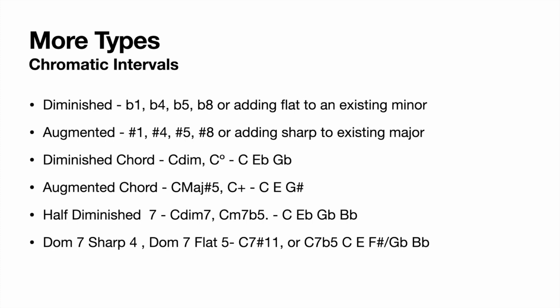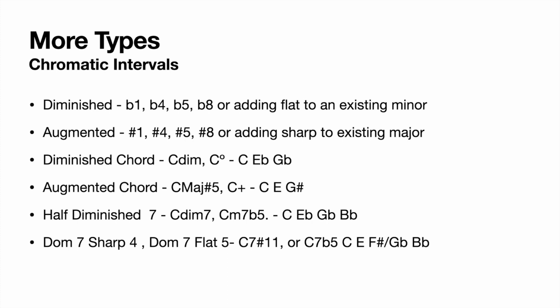Because if you had C flat 5, that would be C, E natural with a flat 5. So we normally display that with C diminished or C with a circle that's diminished. Augmented chords, you say C major sharp 5 or C plus, so C, E, G sharp. So I'm taking the fifth note and raising it.